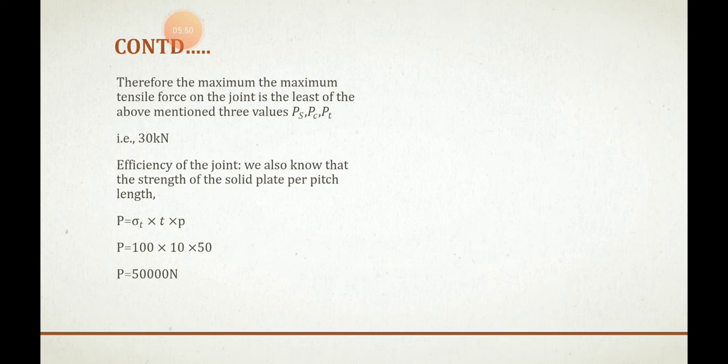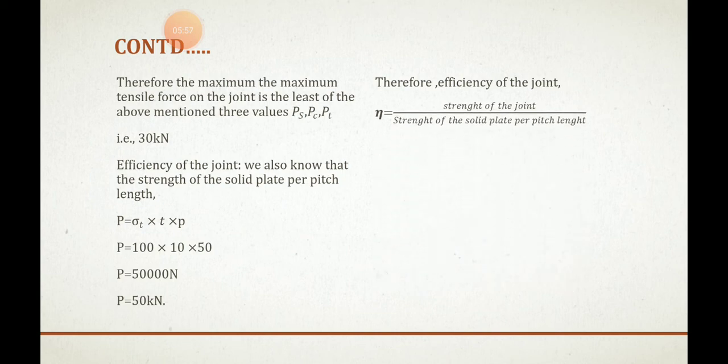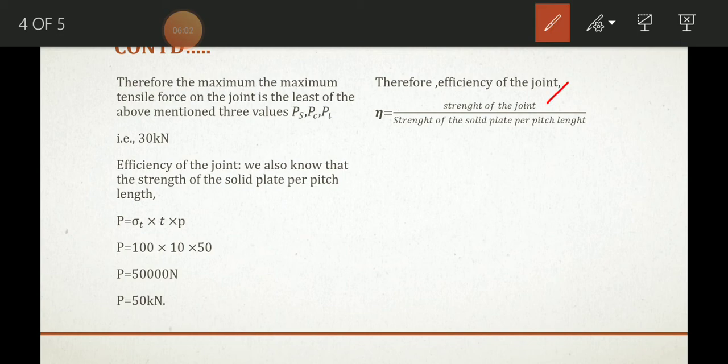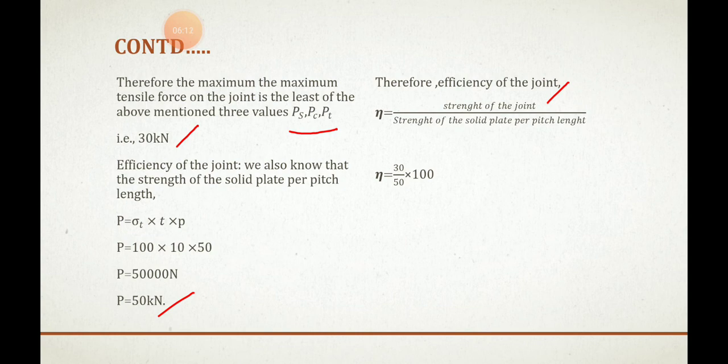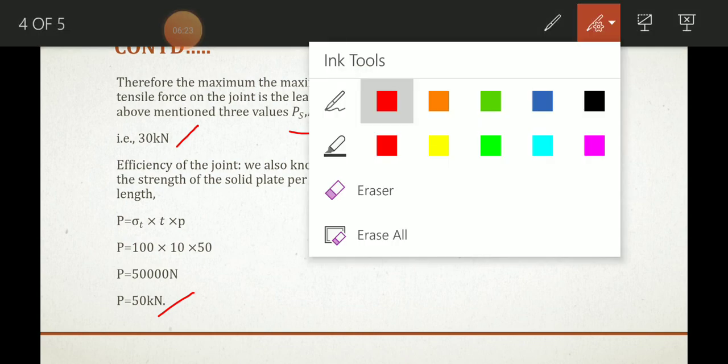Now we just divide: the strength of the joint is the minimum of these, so 30 kilonewton, divided by the strength of the solid plate, multiplied by 100, since we are calculating in percentage. So 60% is the efficiency of the riveted joint.